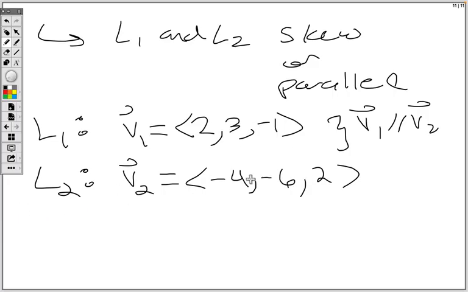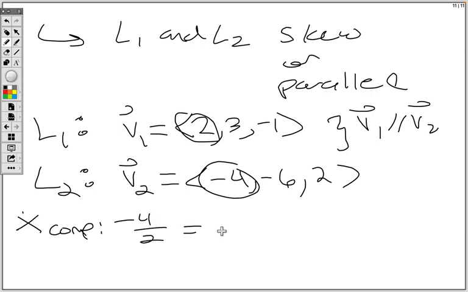So let's take the x components here. I take -4 over 2. That's -2. Is that the same ratio with the y's and the z's?